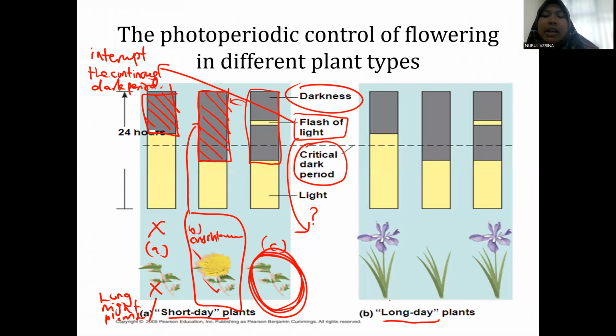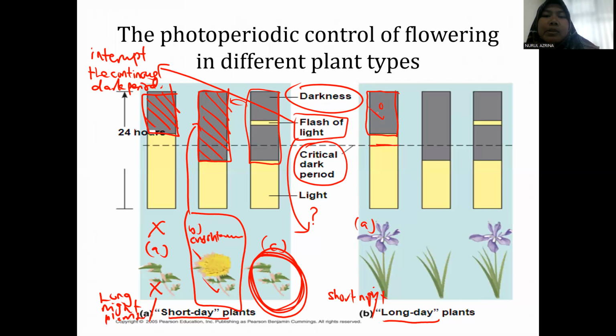The next one, long day plant means short night plant. Okay, short night plant. So short night plant requires shorter continuous dark period than the critical period to flower. So look at experiment A. In experiment A, the plant is exposed to a continuous dark period that is shorter than the critical period.